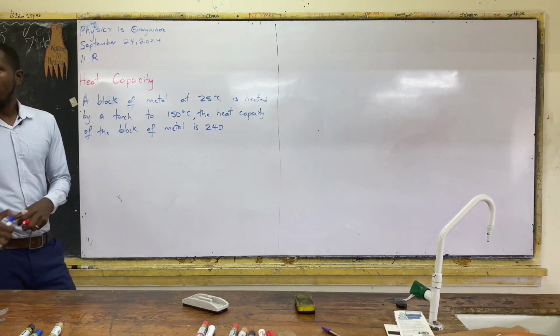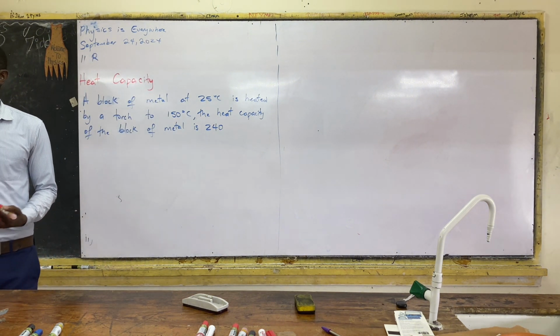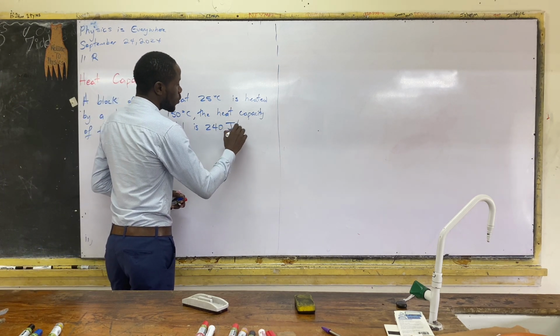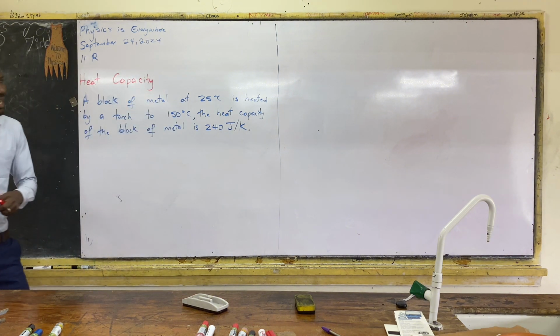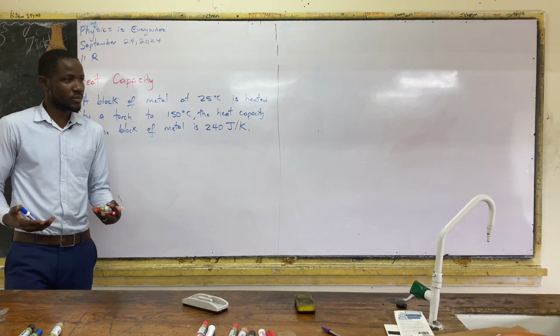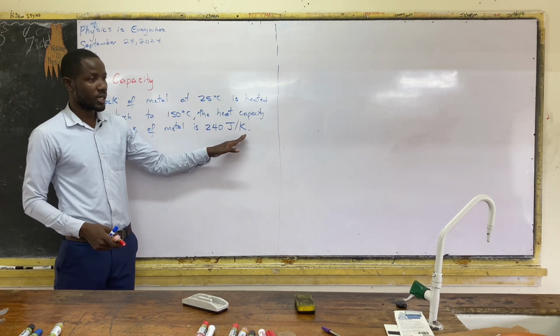The unit we use for heat capacity is Joule per Kelvin, and when we hear these units, we should have an idea as to what they're really telling us. So we say 240 joule per Kelvin.